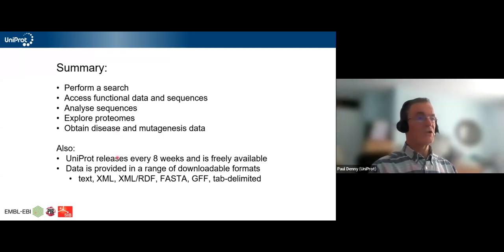I mentioned early on that our data gets updated approximately every 8 weeks. It's all freely available, and you can download it in a whole range of formats: plain text, XML, XML RDF, FASTA for sequences, and so on.